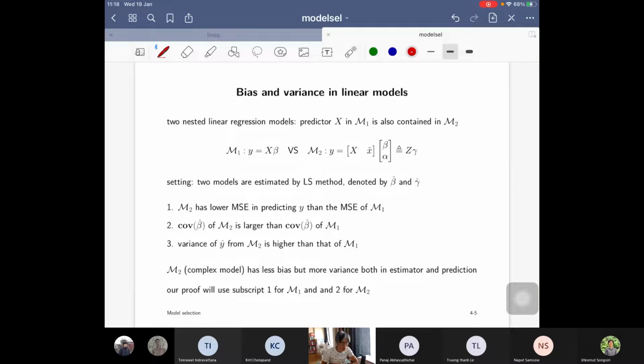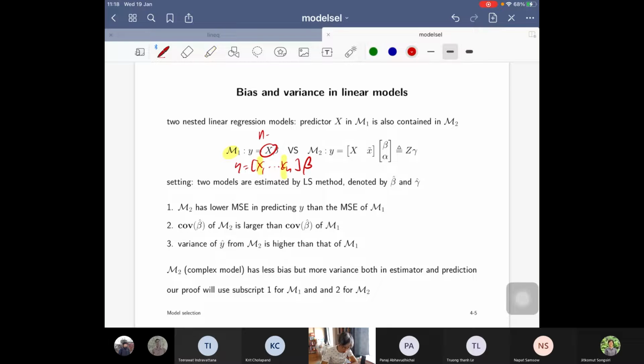So we can illustrate the decomposition of bias and variance in a linear model. Suppose there are two scenarios, two candidate models. Model M1, by this notation, means that I use all the n predictors, the matrix X partitioned into n columns this way.